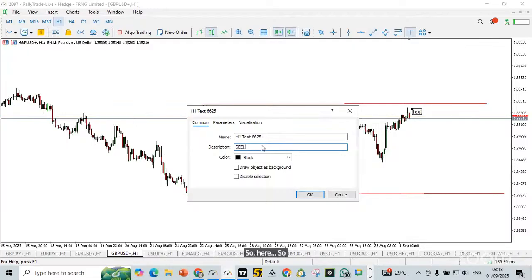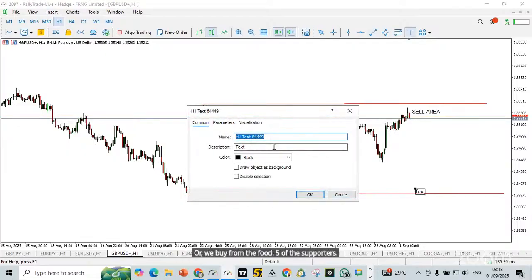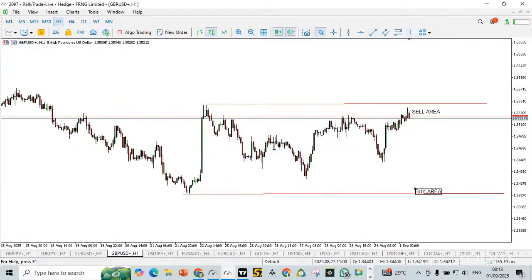Sell here, sell at the top here, sell area here. Or we buy from the bottom, buy from the support level. So buy area will also be here.